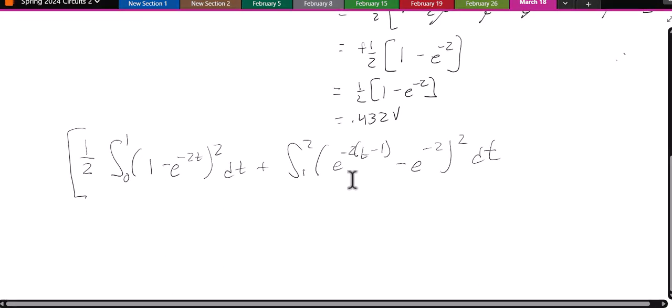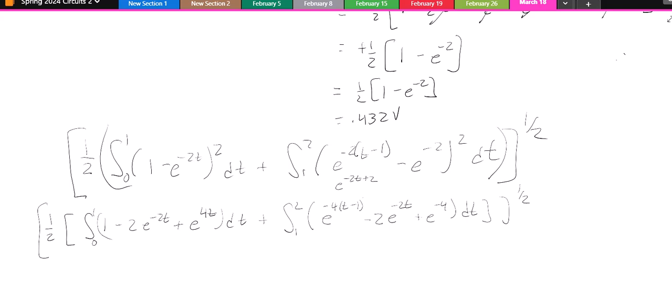And then I will take 1/2 times all of that, and then take the square root of all of that. I'm going to pause for a minute.